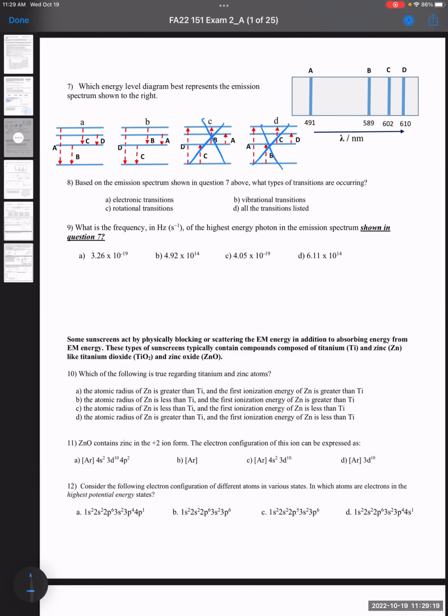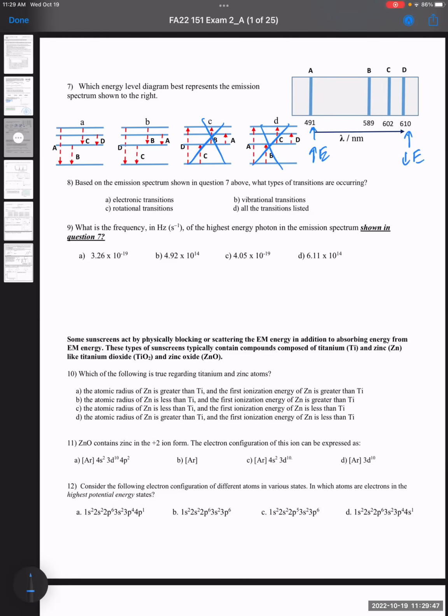Okay, so between A and B, we need to determine the energies associated with these transitions. We see that transition line A has the shortest wavelength, meaning the highest energy, and line D has the longest wavelength, that means the lowest energy.